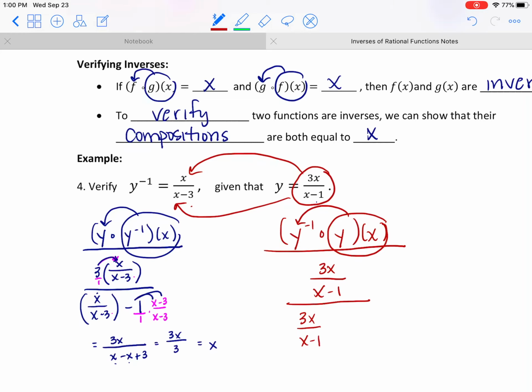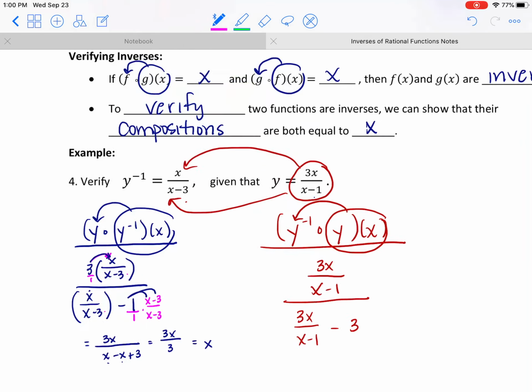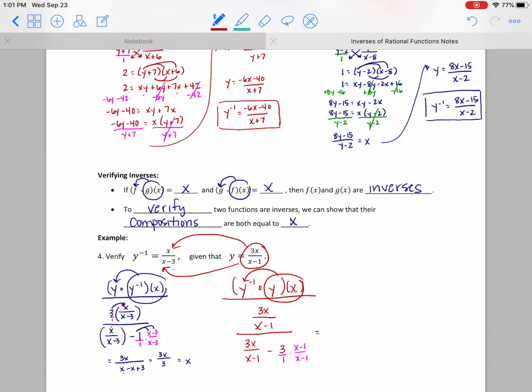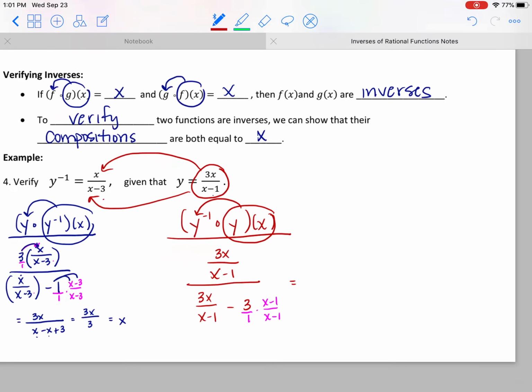So 3x over x minus 1 minus 3. And same thing now, we have this complex fraction. So let me make this a fraction. Get a common denominator, which is just x minus 1, so that I can get rid of all those denominators, right? Not worry about our denominators anymore. So we have room to work this way.